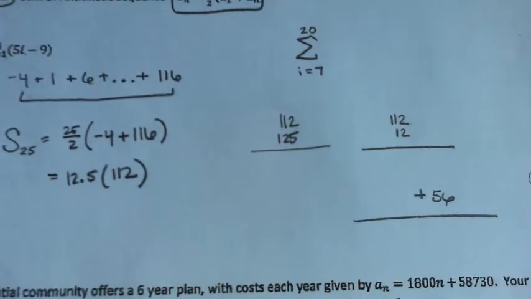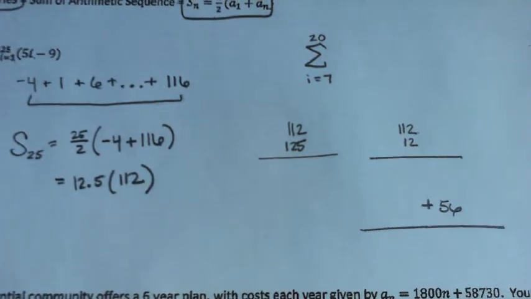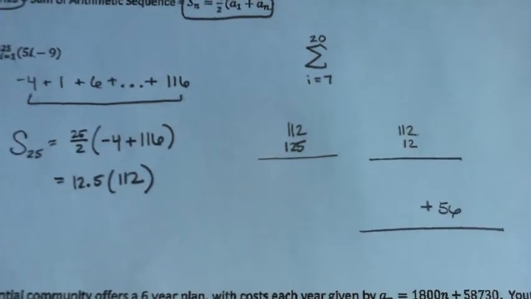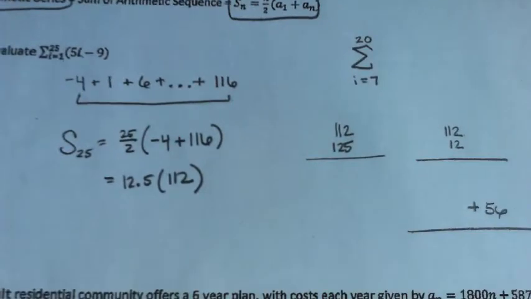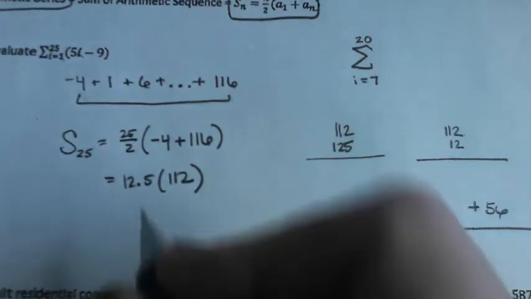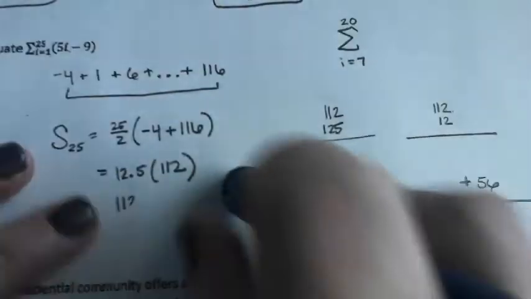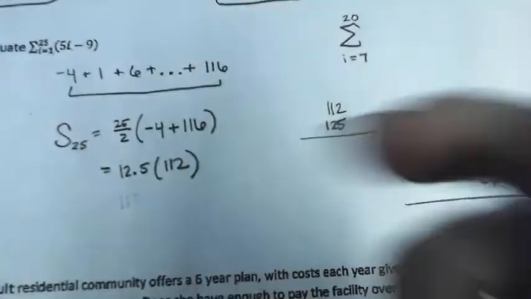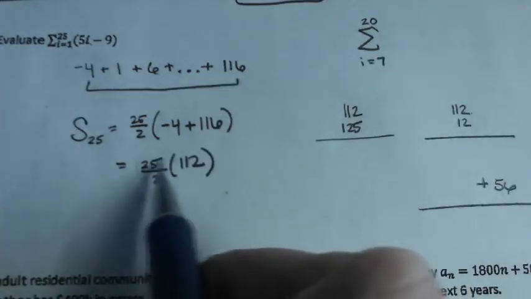I mean, there's a lot. Does anybody break that up mentally in a different way? Oh, I see. So he said keep it as a fraction. So multiply the 112 by 25 first. Do that first.